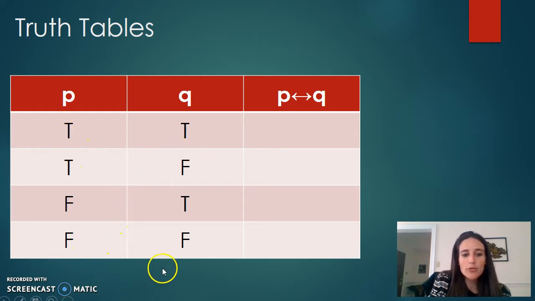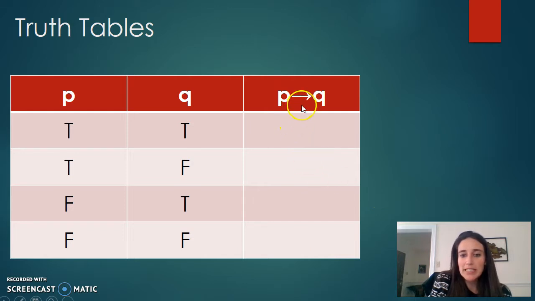And it's going to happen in row 4 where both values are false. Because those true-false values agree, we can say that the if and only if statement is true in row 1 and row 4. But I don't have an agreement in row 2 and row 3 between P and Q, so that combined statement must be false in those rows.